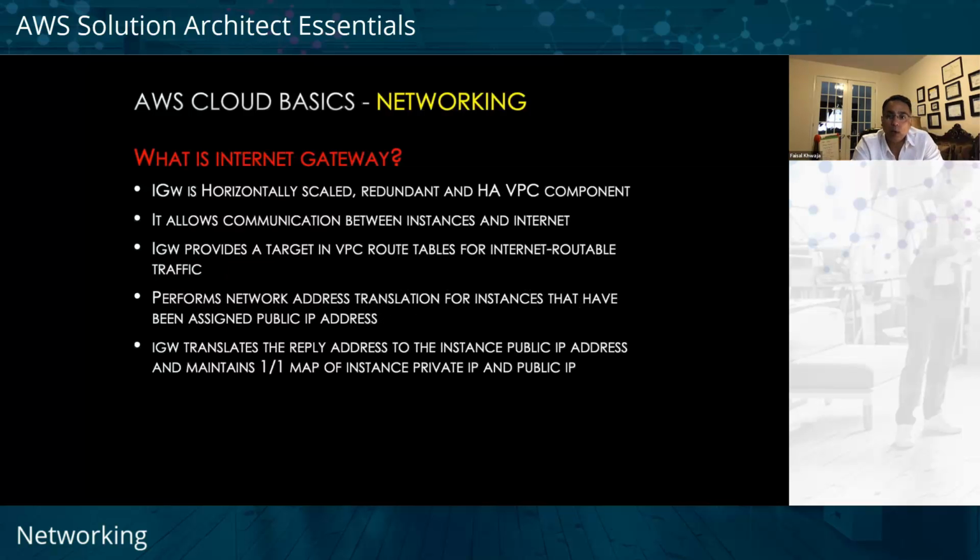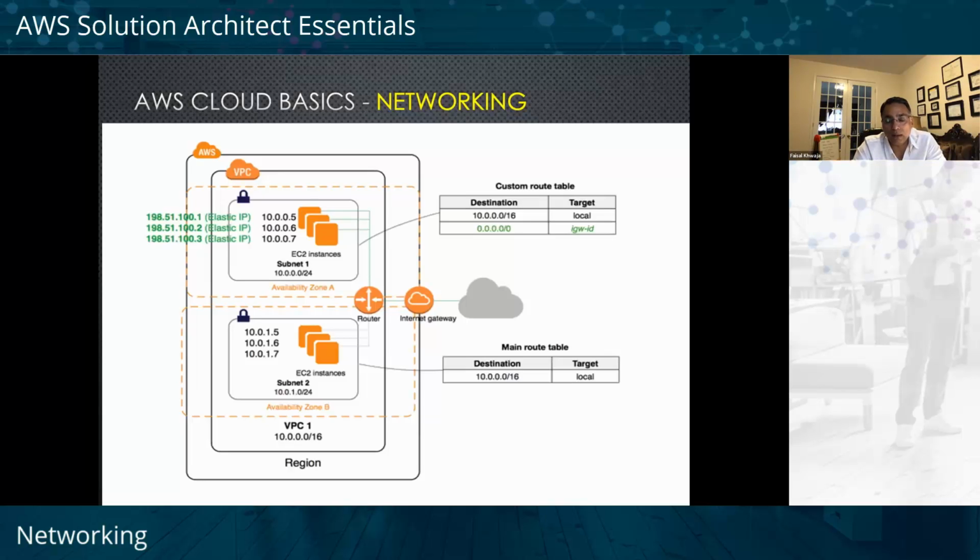Okay. What is an internet gateway? Again, an internet gateway is a horizontally scaled, redundant, highly available VPC component. It allows communication between instances and the internet. Any traffic that comes in or needs to leave the EC2 environment, you need to have an internet gateway right here.